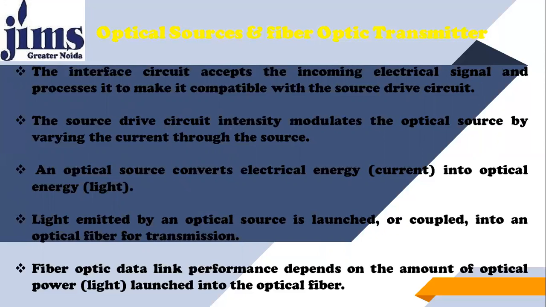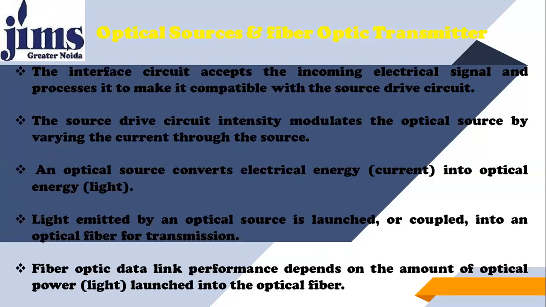This source driver circuit drives the LED or laser, because LED and laser are both the light sources, the optical sources that we use in optical communication. The source driver circuit intensity modulates the optical source by varying the current through the source.